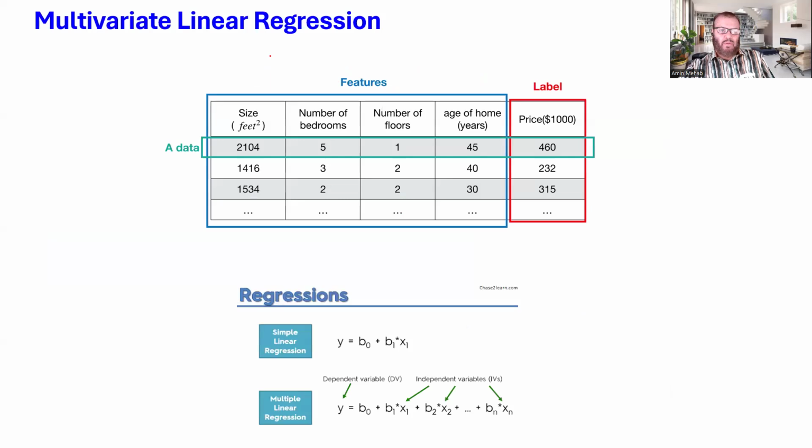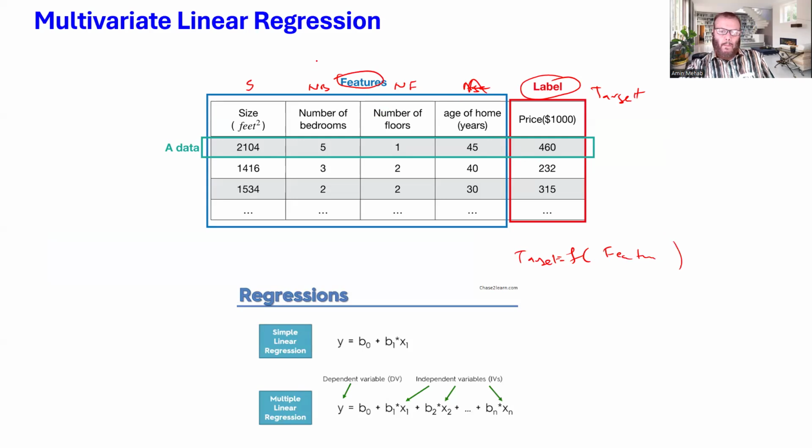An example for multiple linear regression: we have the size, S, the number of bedrooms, B, the number of floors, F, and the age, A. And we have the label, which is the target, and these are the features. So the target is a function of the features.